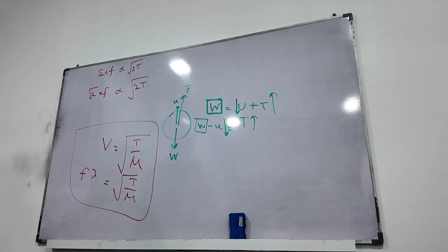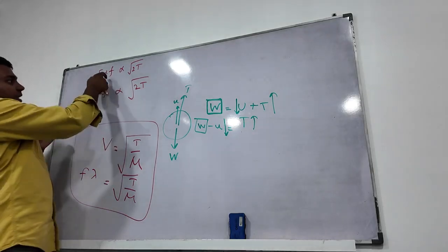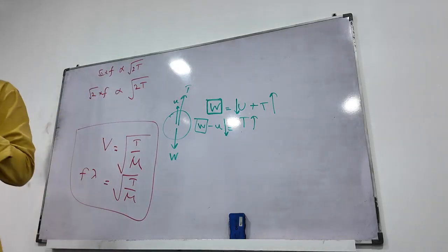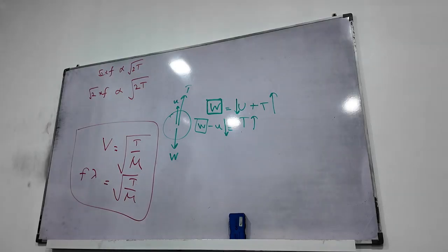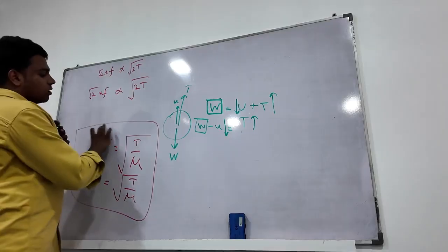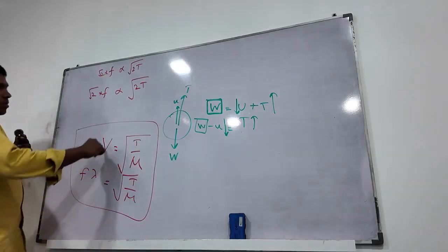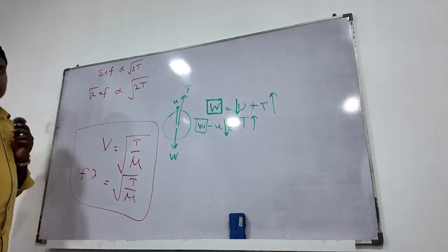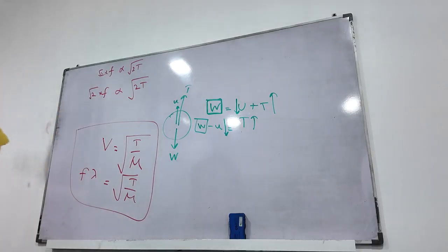So in MCQs, try to get the answer without touching your pen. I mean, you can write a small expression like this. That's fine. However, try to minimize the use of your pen, because if you like using your pen, you'll tend to write equations like this to get the answer for a 1 mark MCQ.